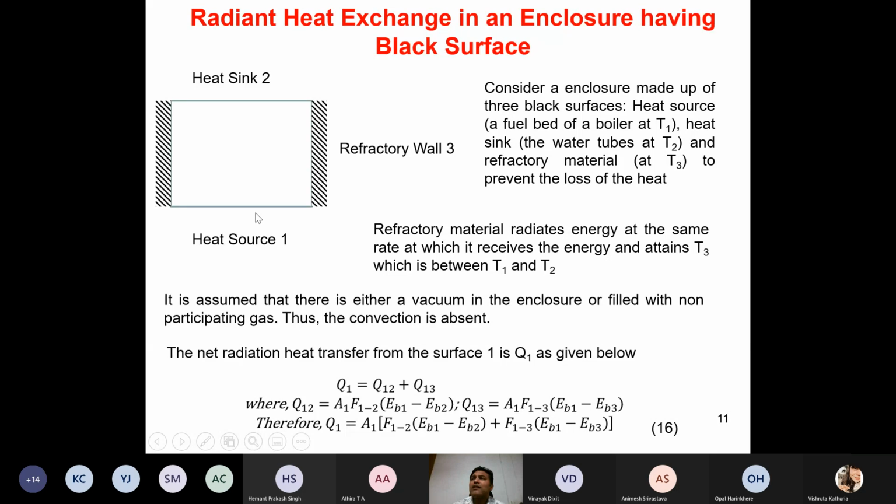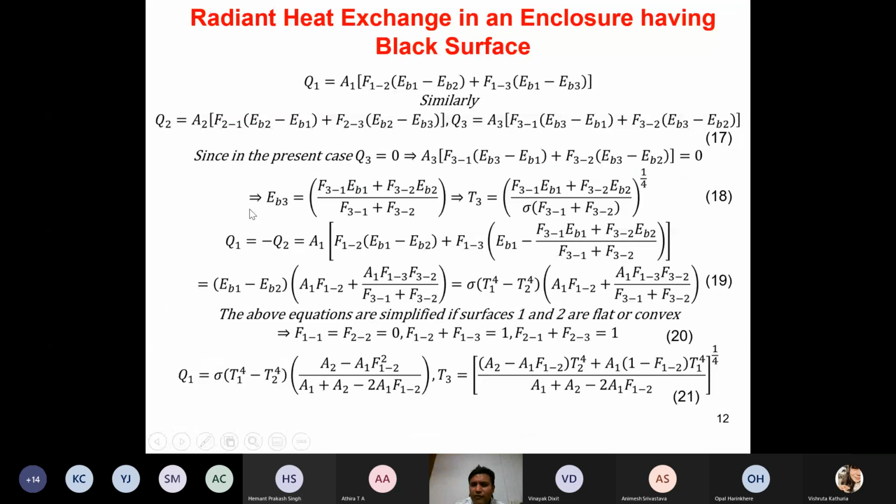These are not concave. If these are flat surfaces, F11 and F22 are 0. So if we consider F11 and F22 as 0, then the simplified expression for the enclosure becomes F11 plus F12 plus F13 equals 1, and since F11 is 0, what we get is F12 plus F13 equals 1.